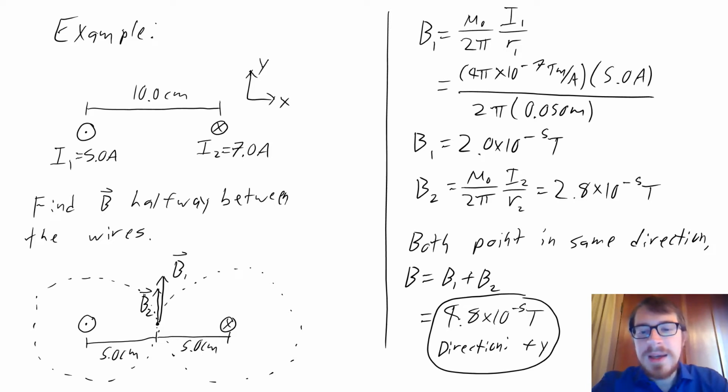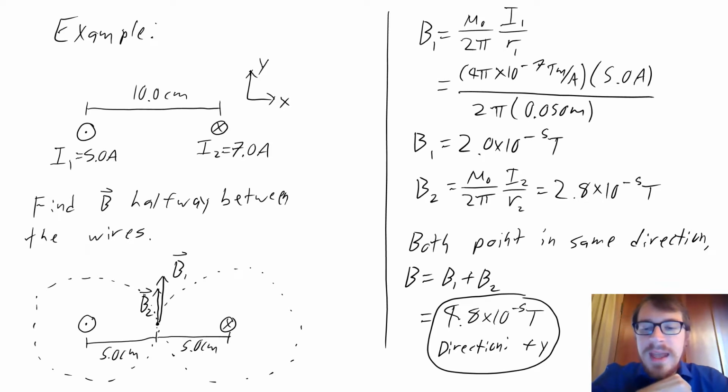And the magnitude of the magnetic field created by current 2 can be found in much the same way. And because both of these magnetic fields point in the same direction, their amplitudes are just directly going to add.